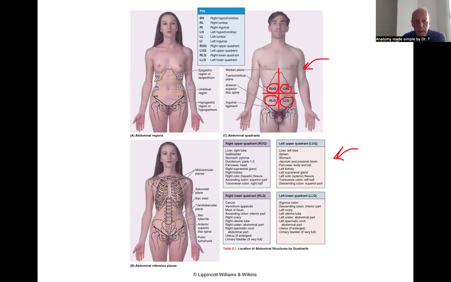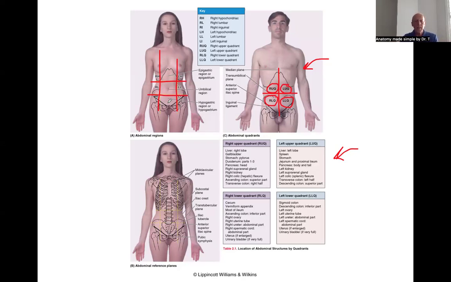So if we use the hypochondriac plane that runs through the lowest parts of the thoracic cage, the transtubercular plane running through the tubercles of the hip bone, and then the mid-clavicular planes, the abdomen could be now divided into not 4, but rather 9 different regions: right and left hypochondriac, right and left lumbar, right and left inguinal region, epigastric, umbilical, hypogastric region, and so on.